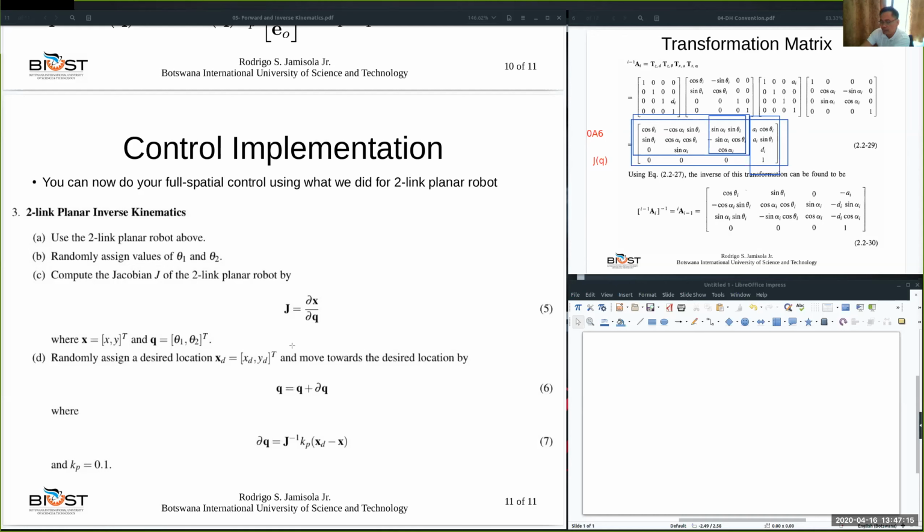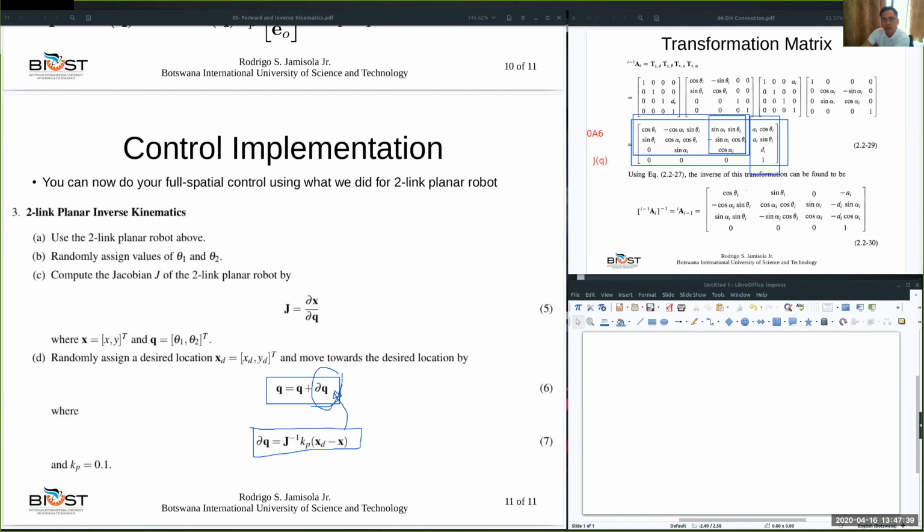Once you compute, you will know the incremental value of delta Q by implementing this control equation. Then you step and update incrementally.